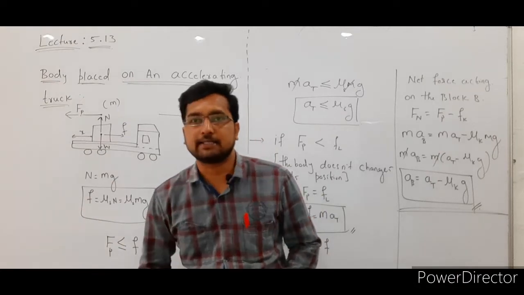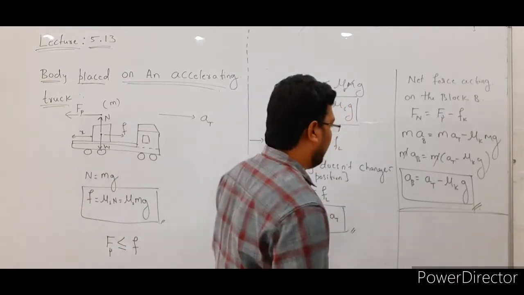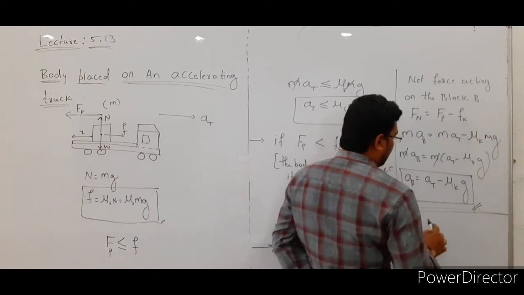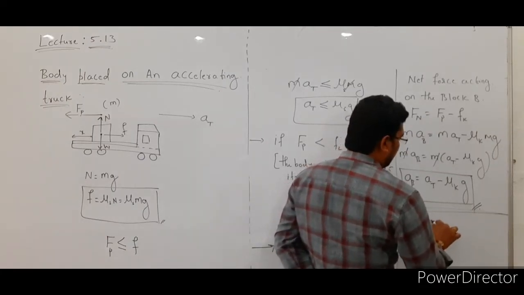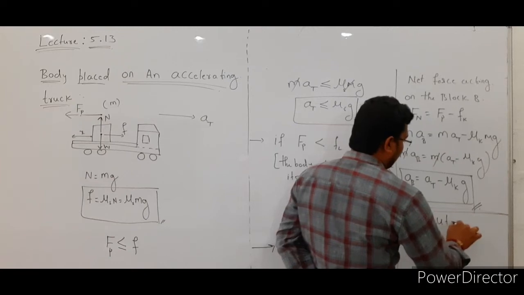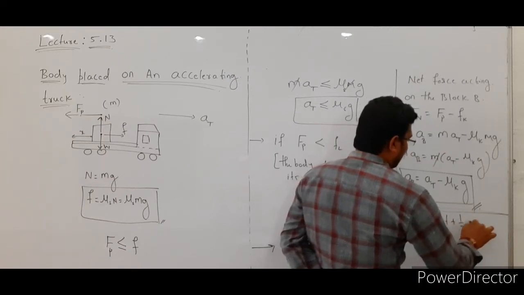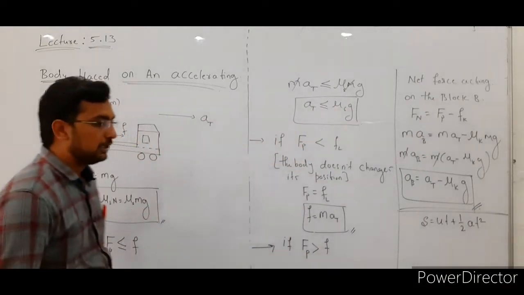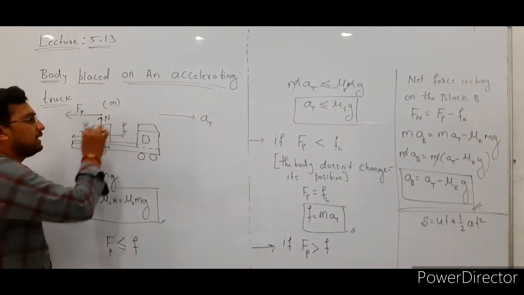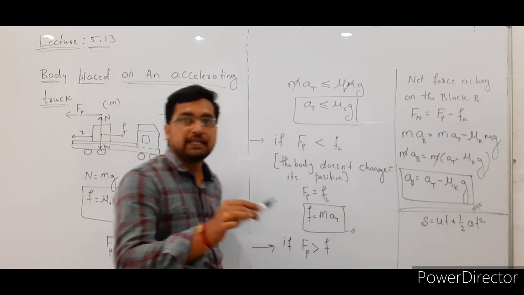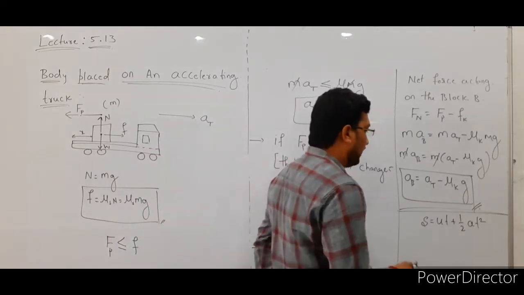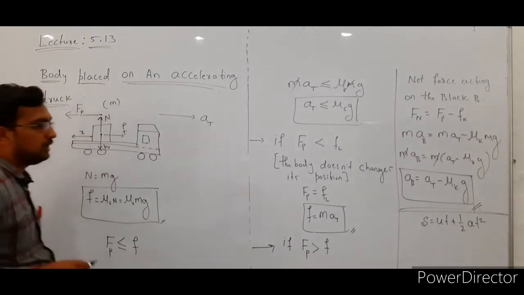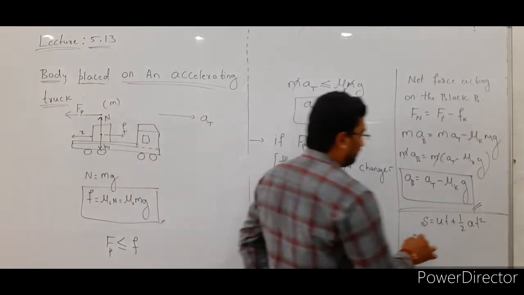With the help of the equation of motion, s is equal to ut plus half at square. In this case, initially this block is at rest, which means the initial velocity of the block is 0, and the distance covered by this block is x. So s is nothing but x.